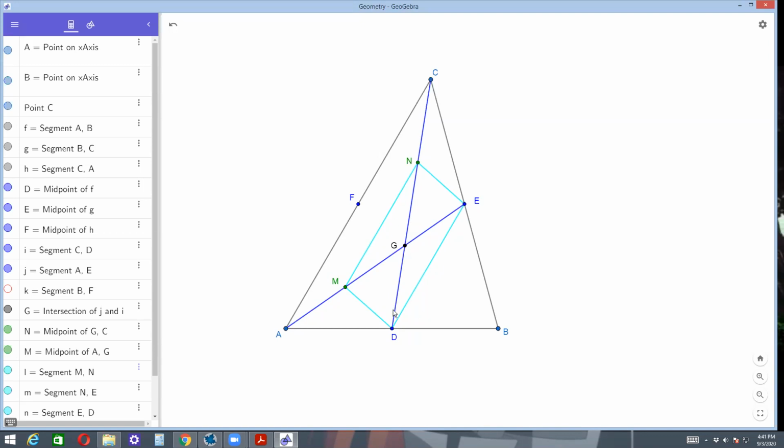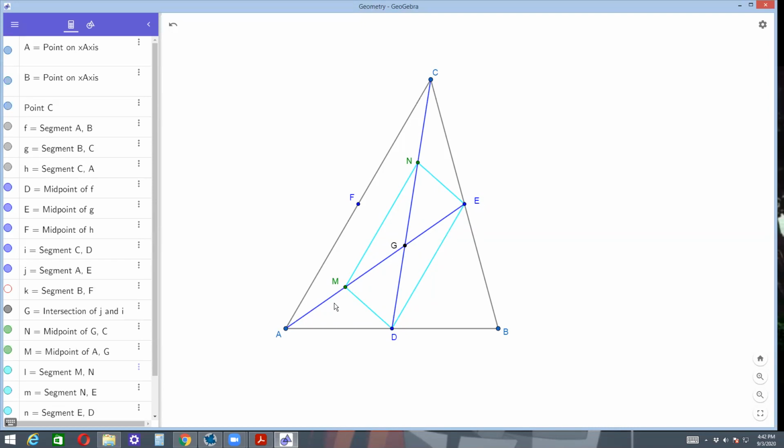But because the diagonals bisect each other, DG must be equal to GN. But GN is equal to NC based on the definition of N. N is the midpoint. It means that G is such that this length is half of this length. Or another way to say it is that G trisects this side, dividing it in the ratio 1 to 2. And similarly for this, right?